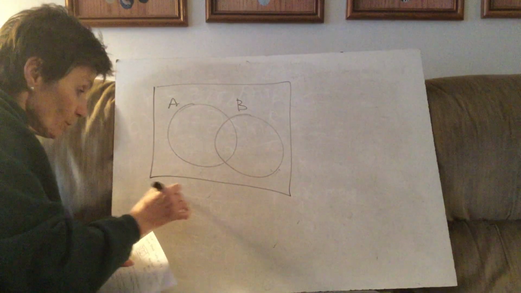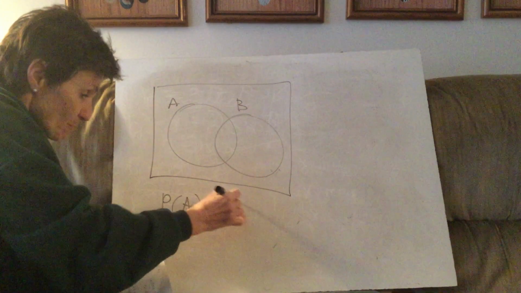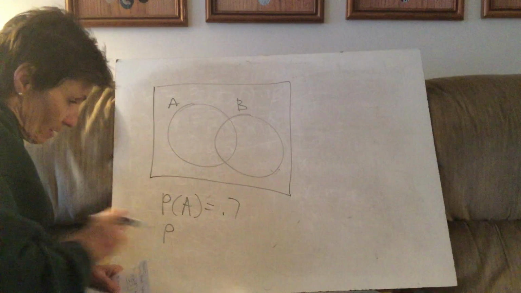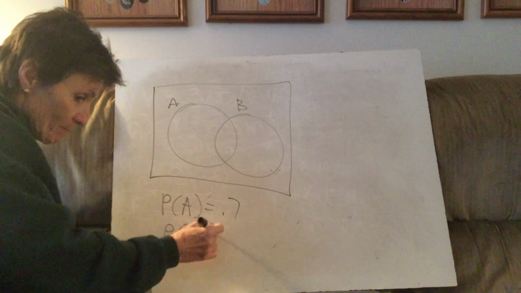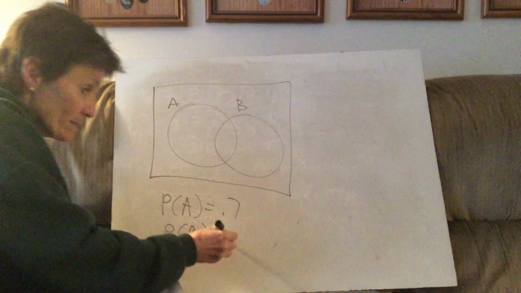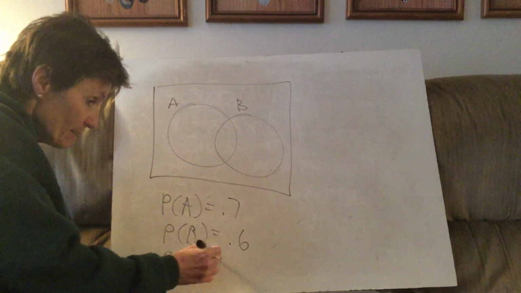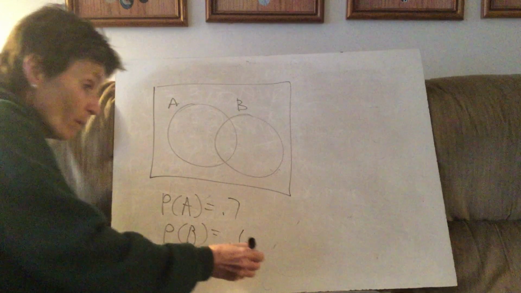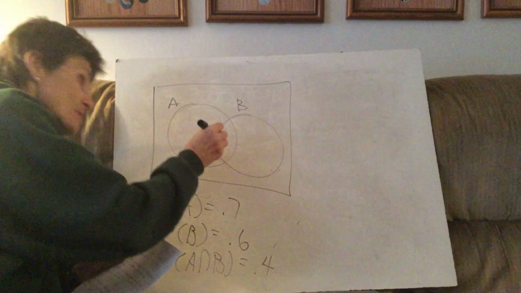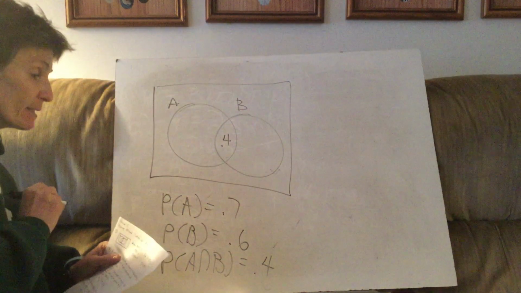So we are told that the probability of A is 0.7. Probability of B is 0.6. And the probability of A and B is 0.4. So that's right here. This is A and B right there.